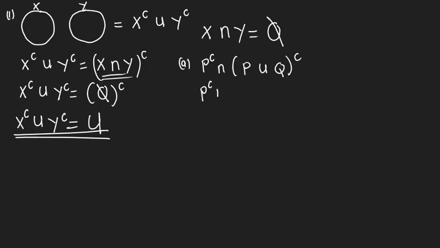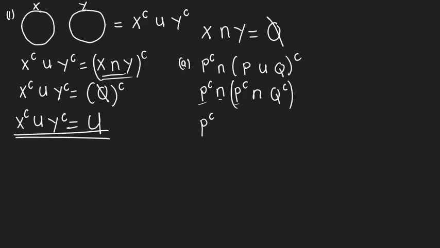P complement intersection, distribute a complement in the brackets. So this is going to be P complement. Complement exposed to the union set becomes the intersection set. Complement exposed to Q is going to become Q complement. Let's do factorization. P and P are common, so P is going to be factored out.